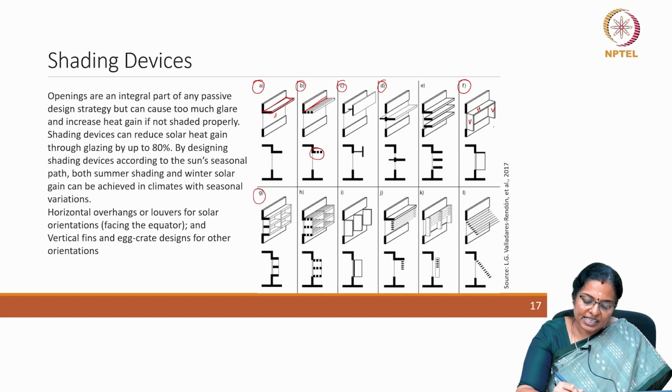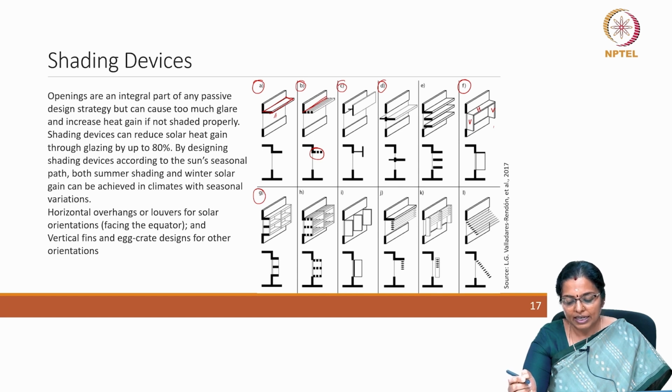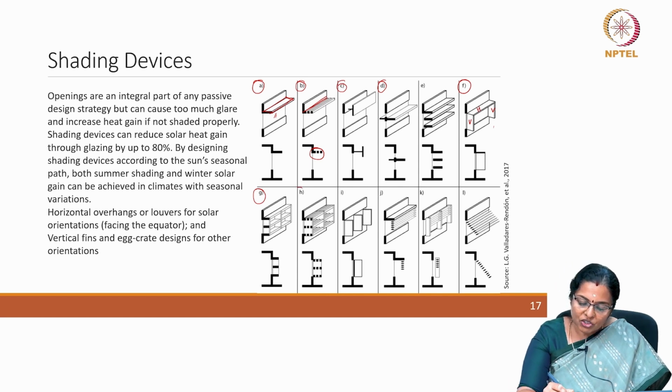G is called an egg crate device and is a combination of horizontal and vertical shading device. H is a combination of a perforated horizontal and vertical shading device. I is a series of vertical shading devices.